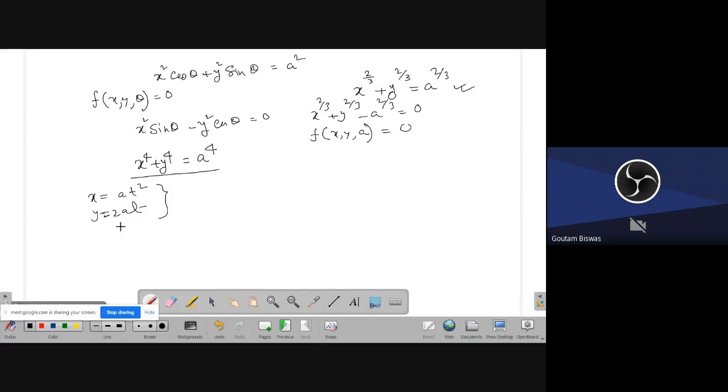Suppose the equation is given in this form, then you should know what it is. It is a parabola. Okay, right. So x = at^2 and y = 2at.